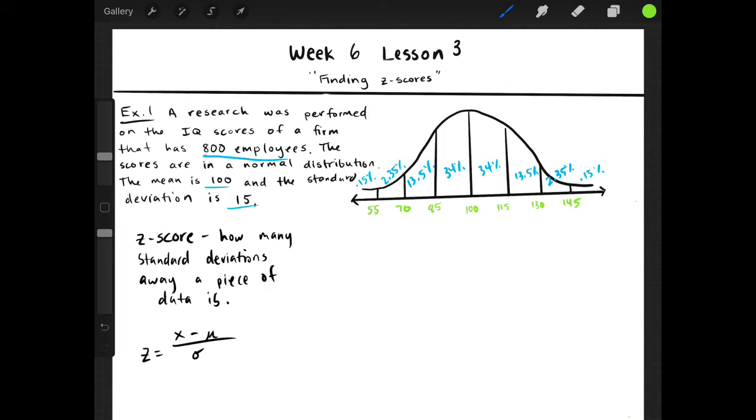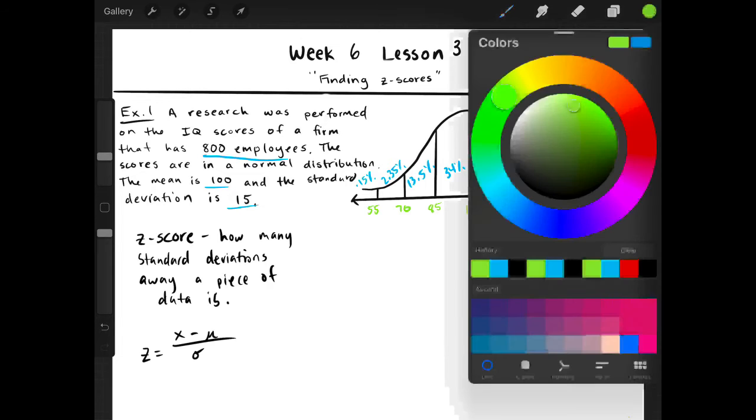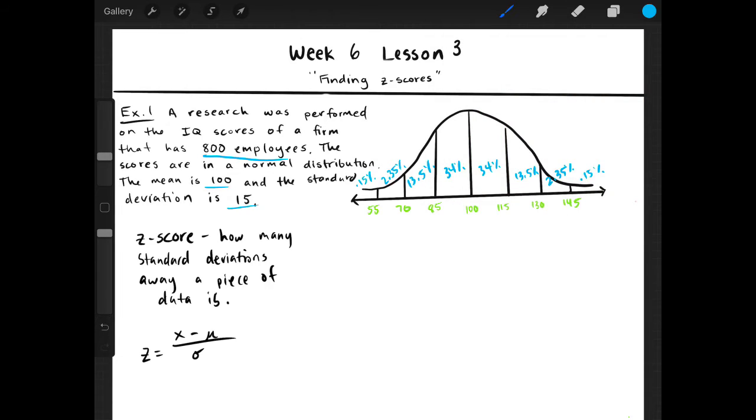So, how this is going to work. All I want to be able to do is find a z-score or kind of go the other way. So, again, the z-score tells you how many standard deviations away from the mean a piece of data is. For example, we'll go example 1.